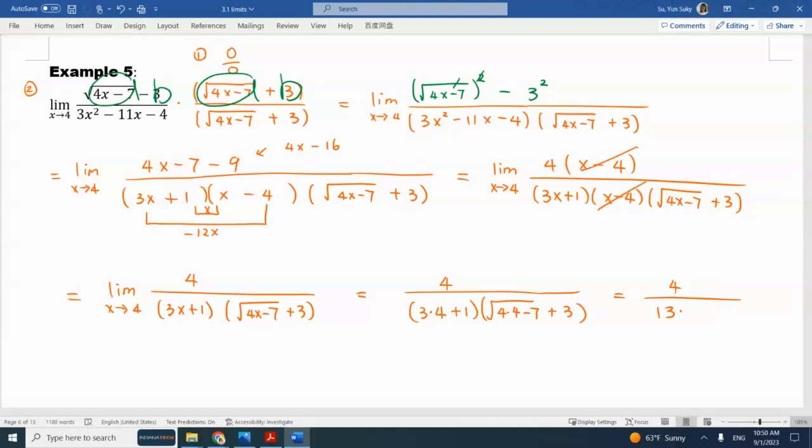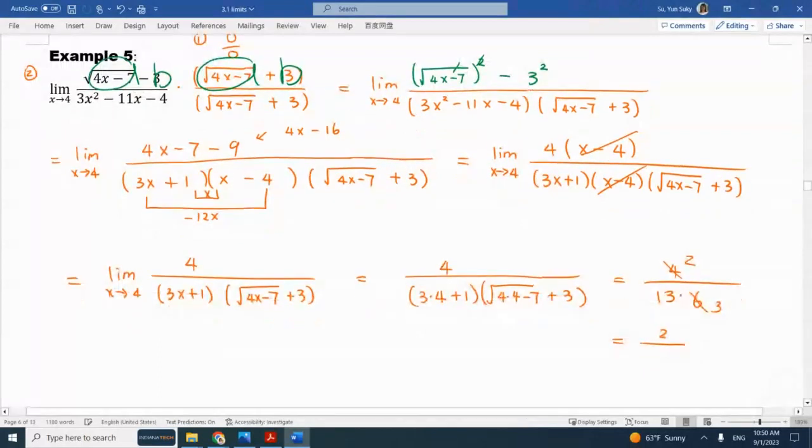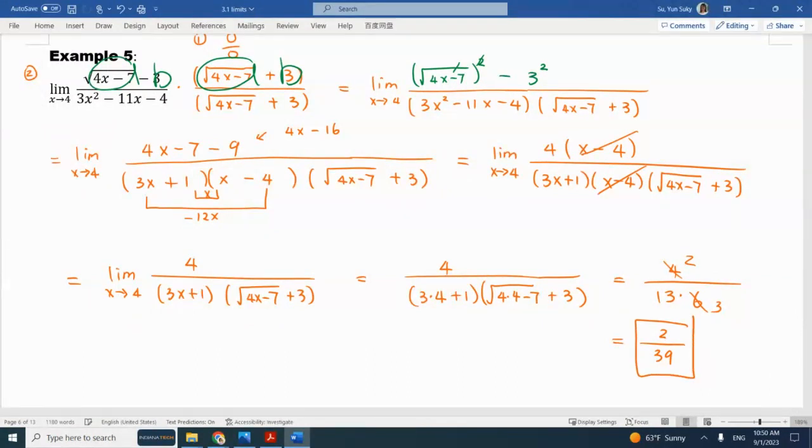Here, 4 times 4, 16 minus 7. Square root of 9. 3 plus 3, 6. Oh, can you simplify it? 4 and 6 cancel. What do you get? 2 and 3. So 2 over, what's 3 times 13? 39. Yes. So this is the answer.